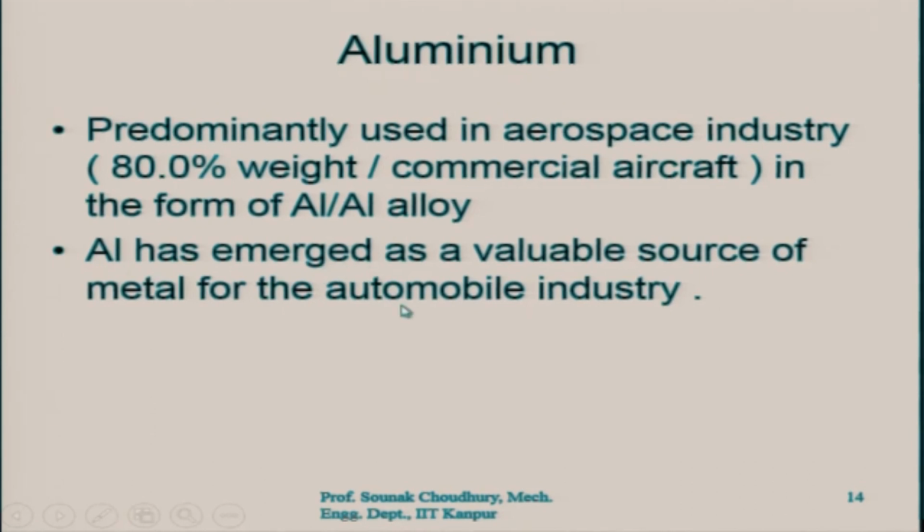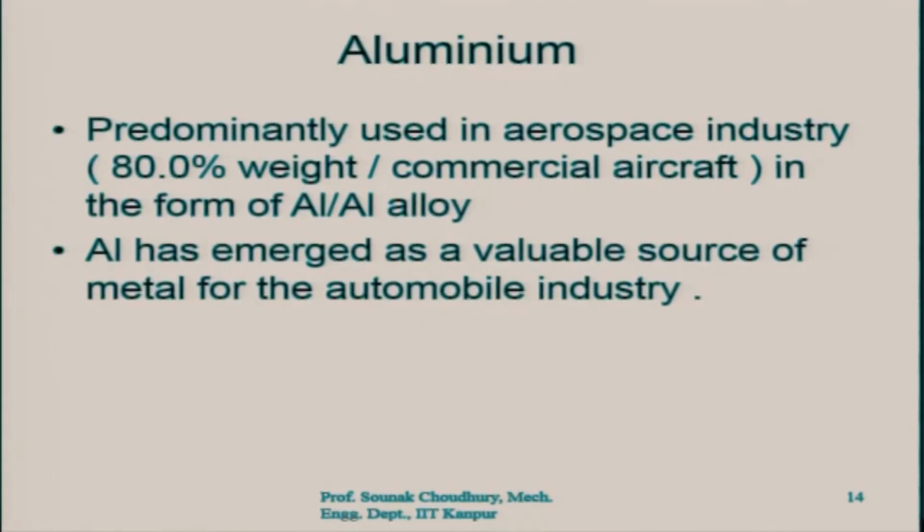Aluminum has emerged as a valuable metal for the automobile industry, again because of the light weight and the sufficient strength. Of course, it is again mostly aluminum alloy, not pure aluminum, and because of these properties it is very popular in the automobile industry. The basic thing is that when the automobile becomes lighter, it will consume less power, and therefore less fuel, and that is very important.